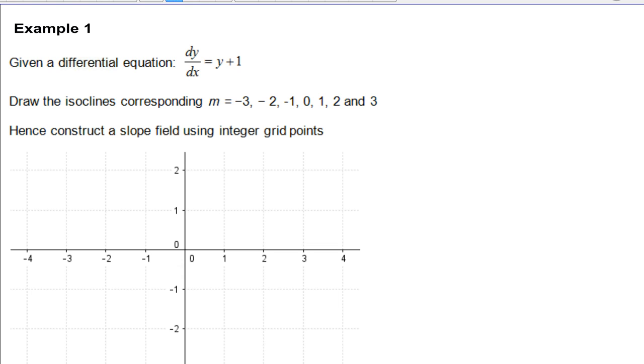Given a differential equation, dy over dx is equal to y plus 1, draw isoclines corresponding to m is equal to negative 3, negative 2, negative 1, 0, 1, 2, and 3. Like we said, you set dy over dx equal to m.